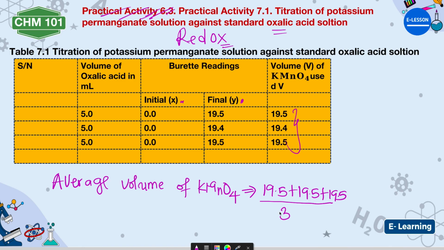That gives us 19.46 approximately. All right, 19.46 something, approximately still 19.5. So the average volume of KMnO4 used is 19.46 ml. That is what you are going to write there. Average volume of KMnO4, 19.46 ml. Is that okay, my dear student?